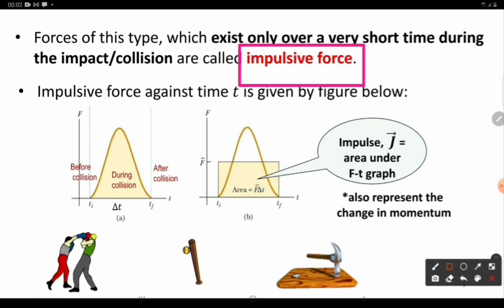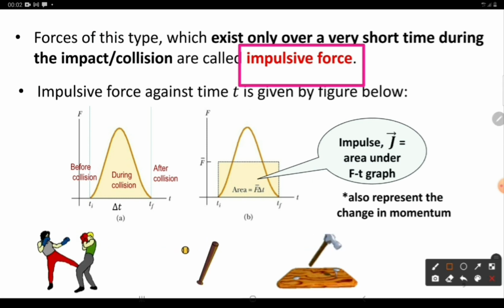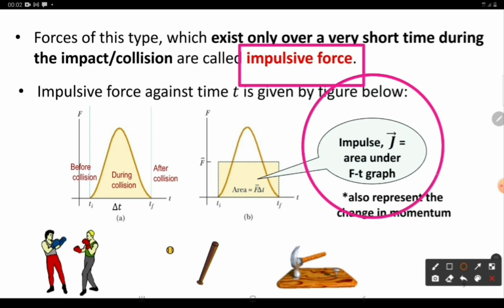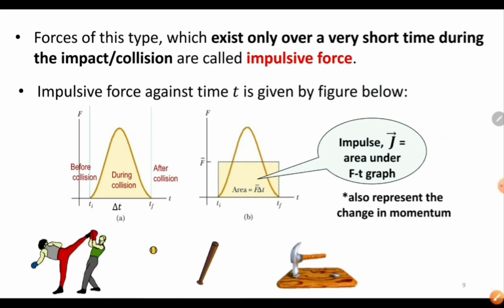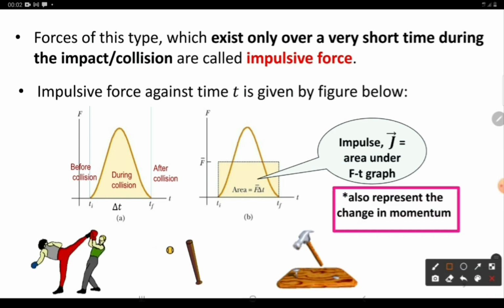If you are given an F-T graph, to determine the impulse J you calculate the area under the F-T graph. This area under the F-T graph also represents the change in momentum.